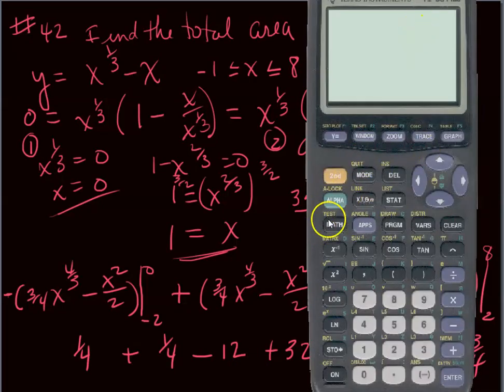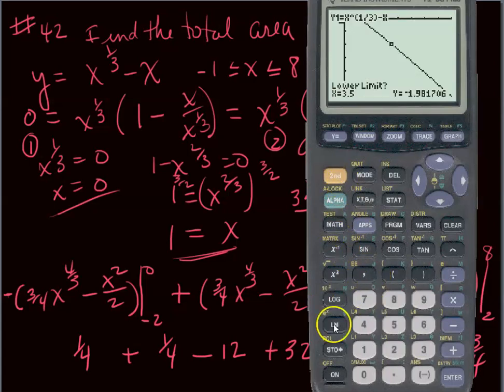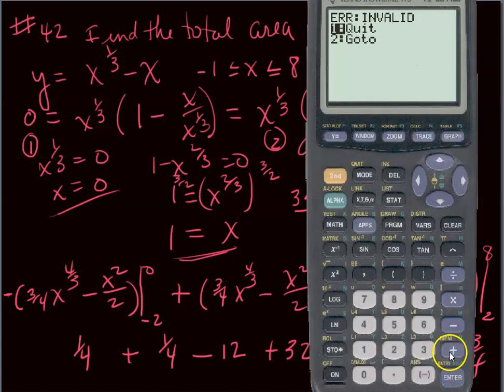So let's go back to this graph, and then look at each of these and combine them. So we want the definite integral, number 7. Lower limit is -2. Upper limit. So now we need to go a little further back, I guess.